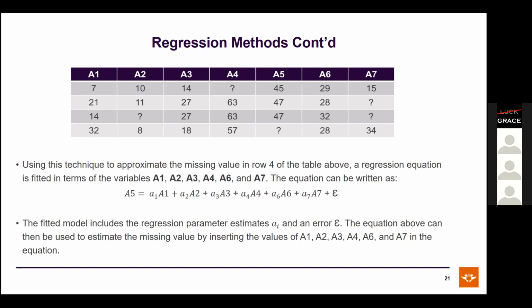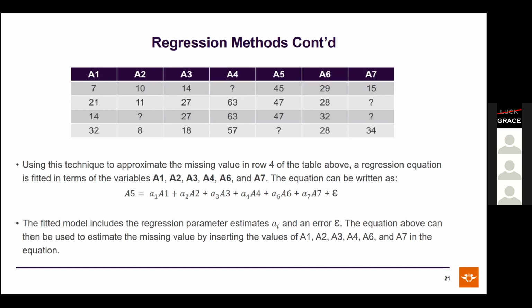So A5 equals A1 plus A2 and so on. Using this technique to approximate the missing information in row 4 leads to the regression equation.